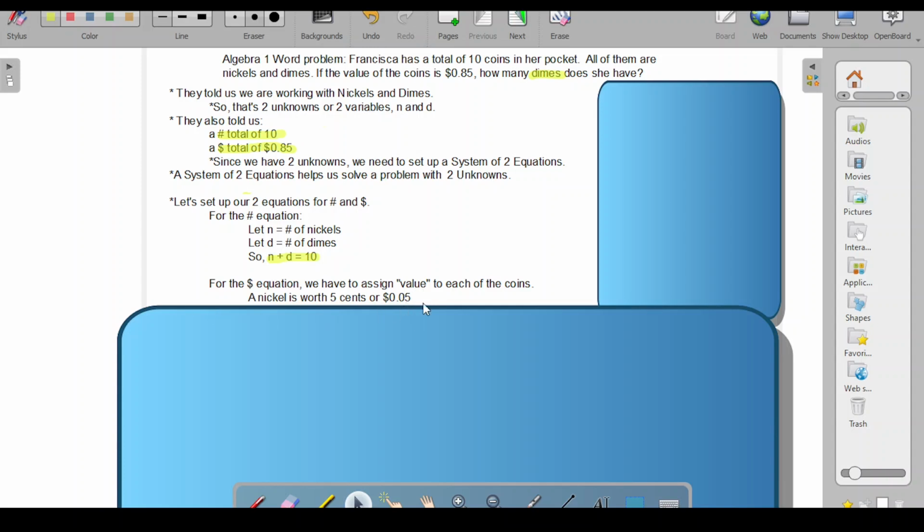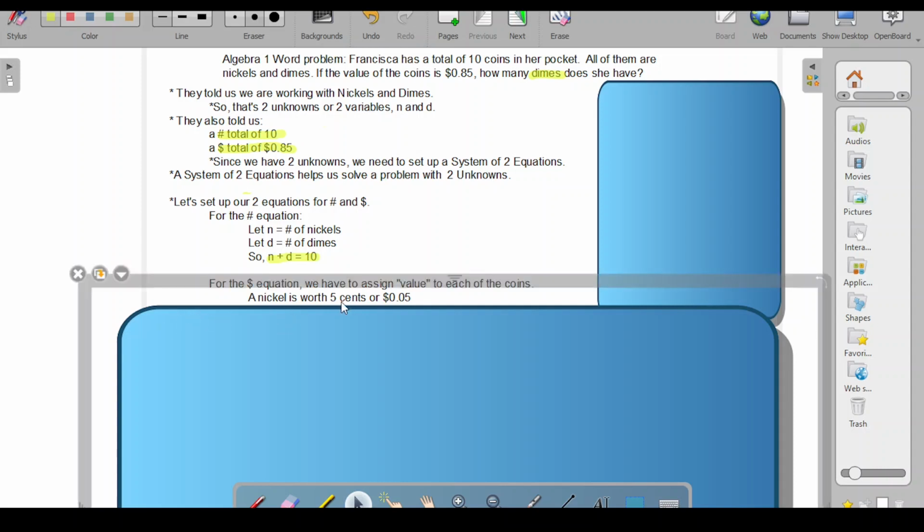So this is what we'll use. And we're going to keep the dollar sign in all the way through, just so we don't forget that this is a money amount. It's kind of a pain, I know, to keep that dollar sign in, but it's better to do so. So a nickel is worth 5 cents, or $0.05.